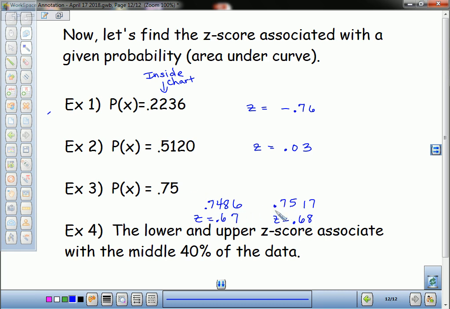Yeah. Not exactly, but close enough that we can just say, what's in between? 0.675. It would be a z-score of 0.675. And actually, I'm going to go ahead and say I approximated here.